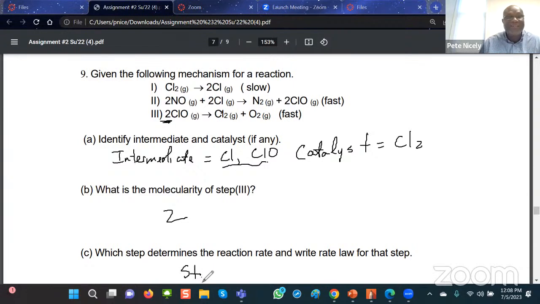whoops, what's going on with this thing? Step 1 is the slowest step. Oh, and we're not finished yet because we need to write down the rate law for that step. So what's the rate law? Rate is equal to?